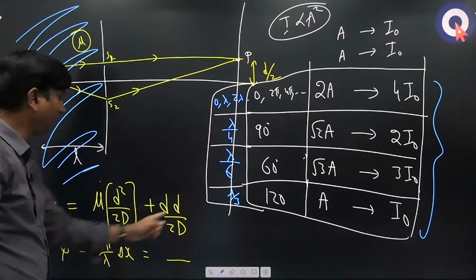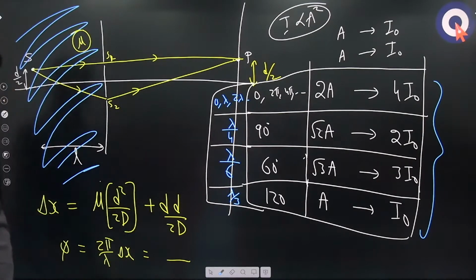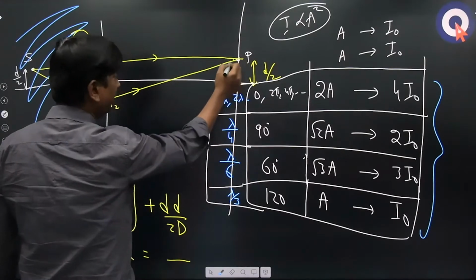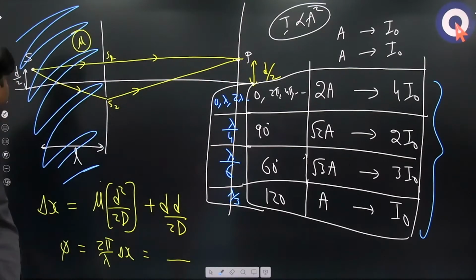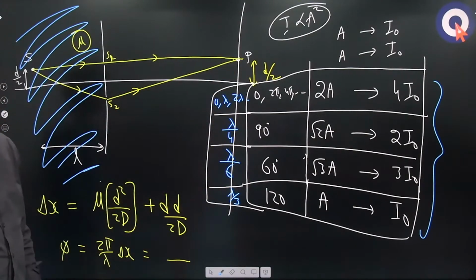So this path difference is equal to lambda by 4 you take, right? Okay, so they are asking that time you need not put for P, you have to select some other point. In the second case, instead of P, you get this value and accordingly you will get the answer.